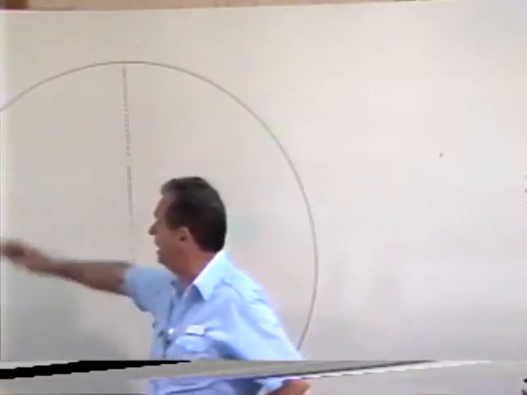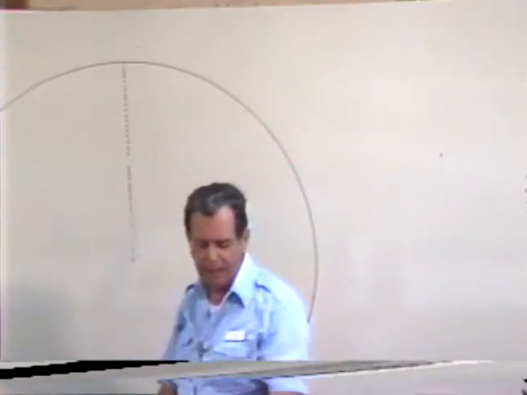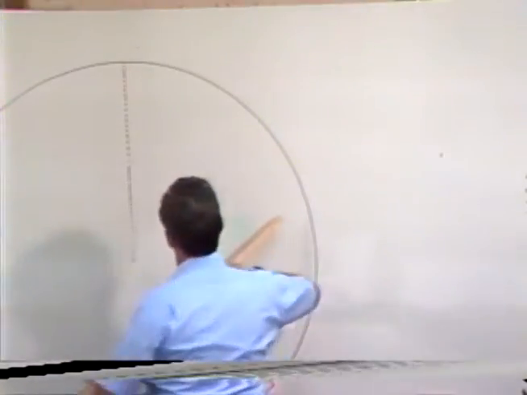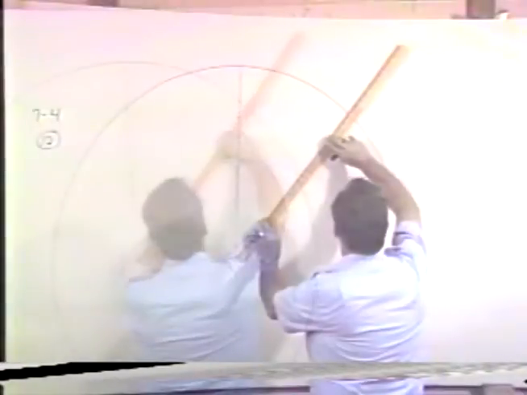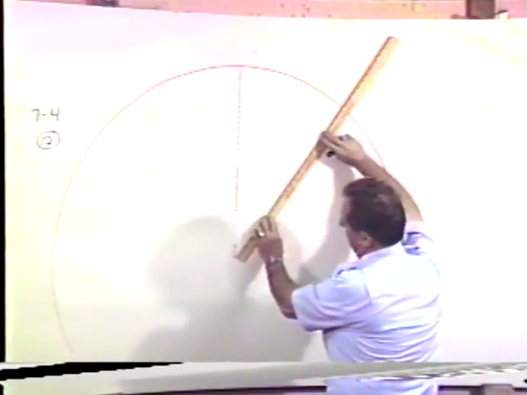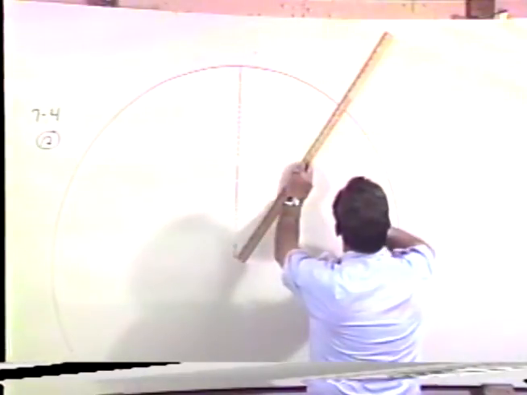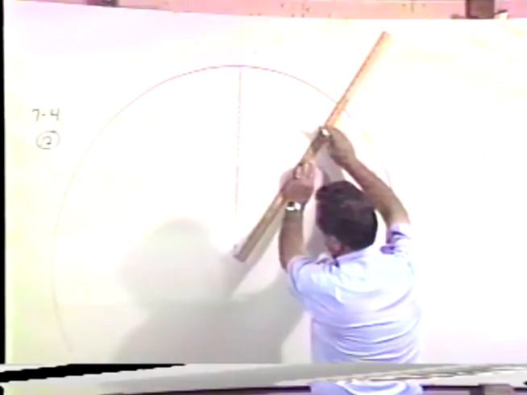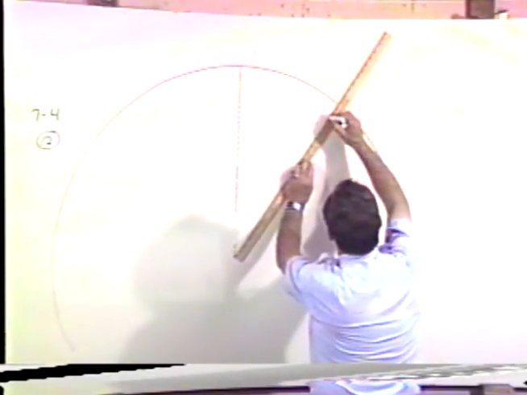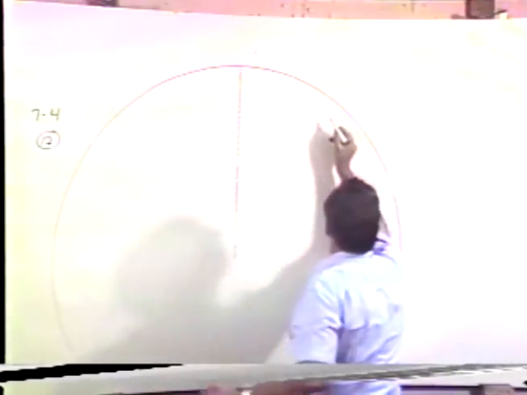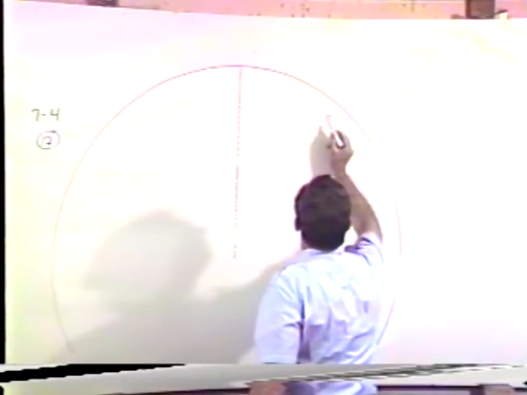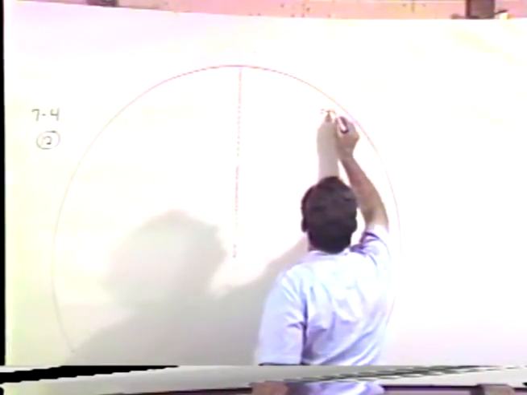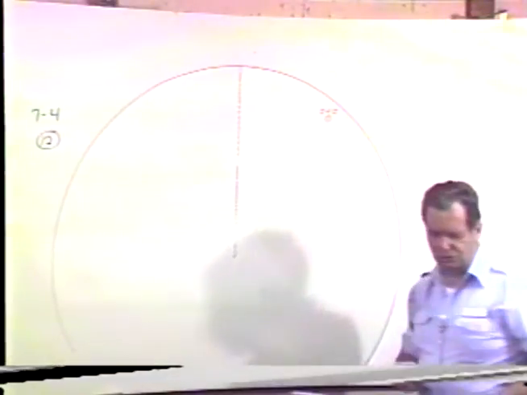Measure 11.1 miles on your 12-mile scale, and plot that contact. It should look something like that.